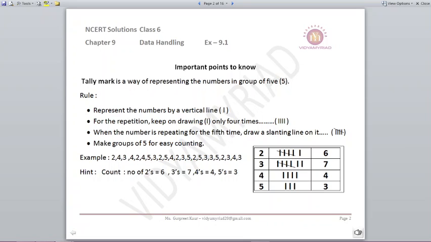So according to this, 2 is repeating 6 times, 3 is repeating 7 times, 4 is repeating 4 times, and 5 is repeating 3 times. Like this we are going to represent our information.